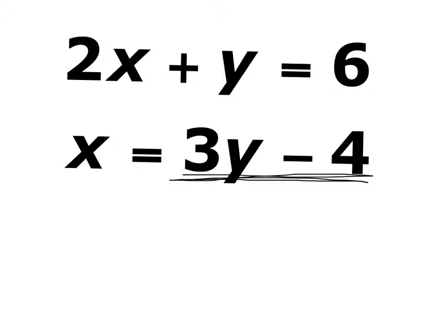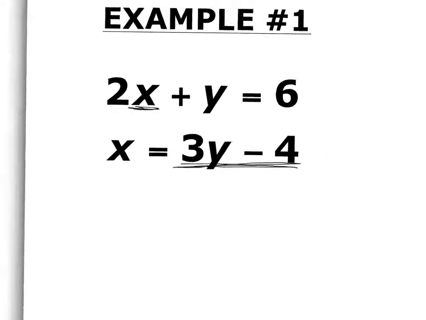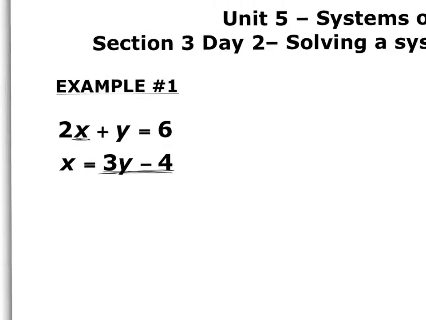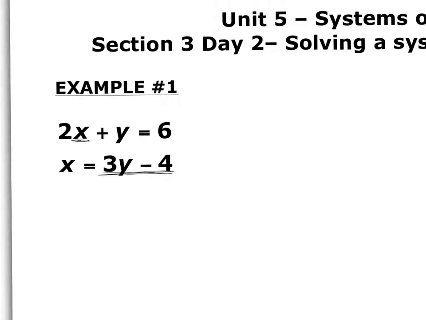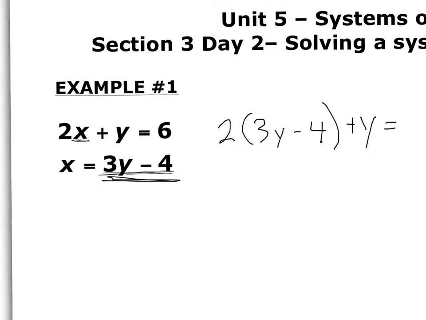Now we want to substitute whatever x is into the x of the other equation. So I'm going to go ahead and rewrite this. So instead of 2x, I'm going to write 2, and then what x is, 3y minus 4. And we're going to finish off our equation. So plus y equals 6.